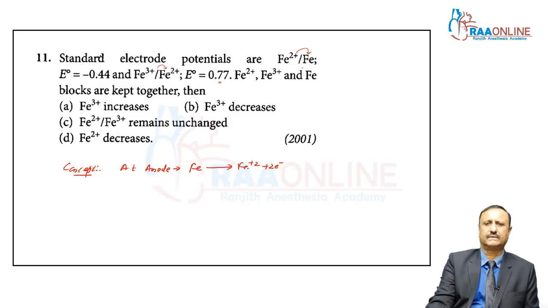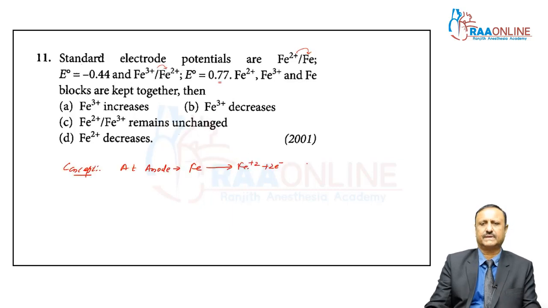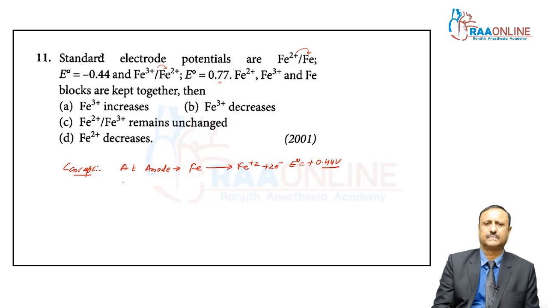Here you can see minus 0.44 volt is given for Fe plus 2 converted to Fe, but at the anode the reaction is reverse. So E naught is also reversed. Then you can say E naught is equal to plus 0.44 volt, because at the anode iron is converted to Fe plus 2. Now we can see the cathode.